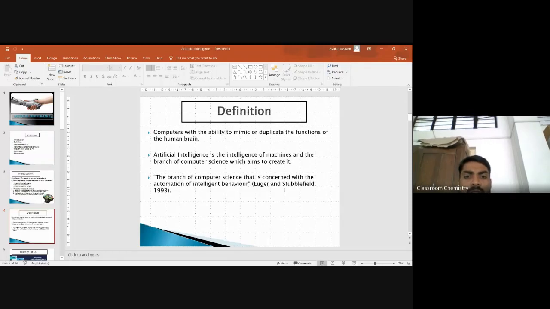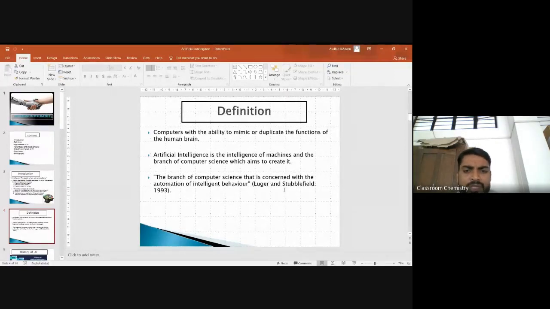In your pocket there is a smartphone. In smartphones there are too many applications. It is a part of artificial intelligence. Artificial intelligence: computers with the ability to mimic or duplicate the functions of the human brain.